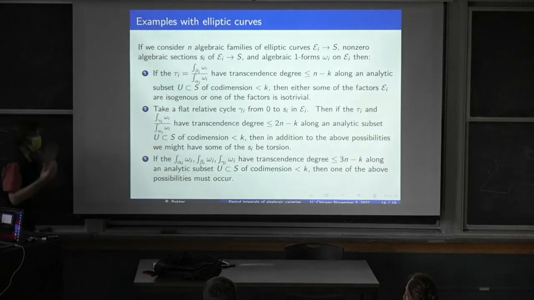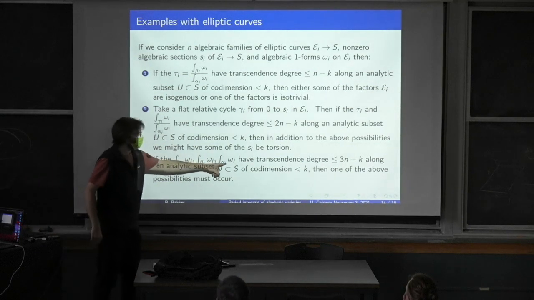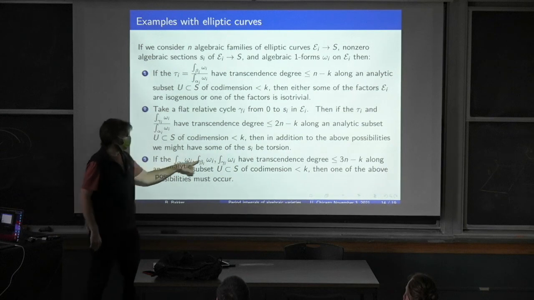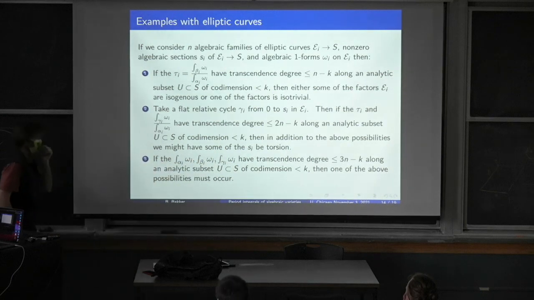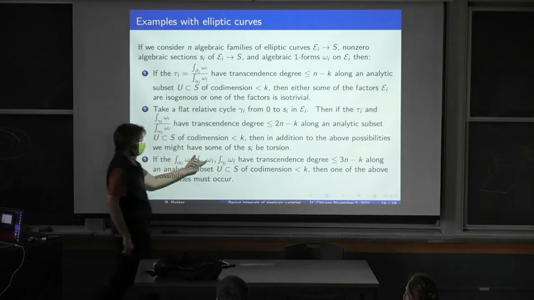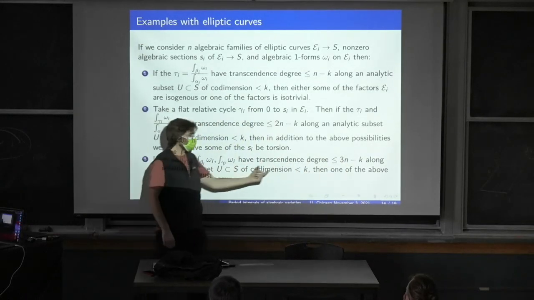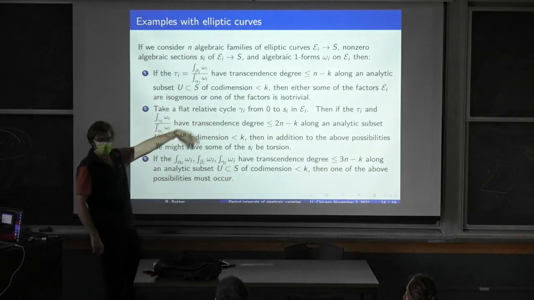So now I don't take ratios at all. I just literally take the integrals of my algebraic forms with respect to the basis of first homology and the relative homology. And if they satisfy k algebraic relations along a locus that is codimension smaller than k, then one of these possibilities must be.